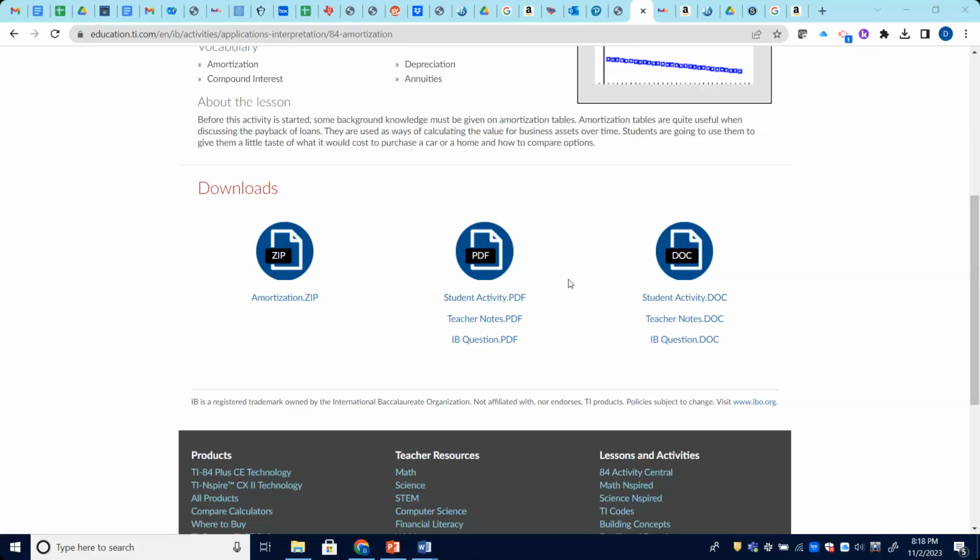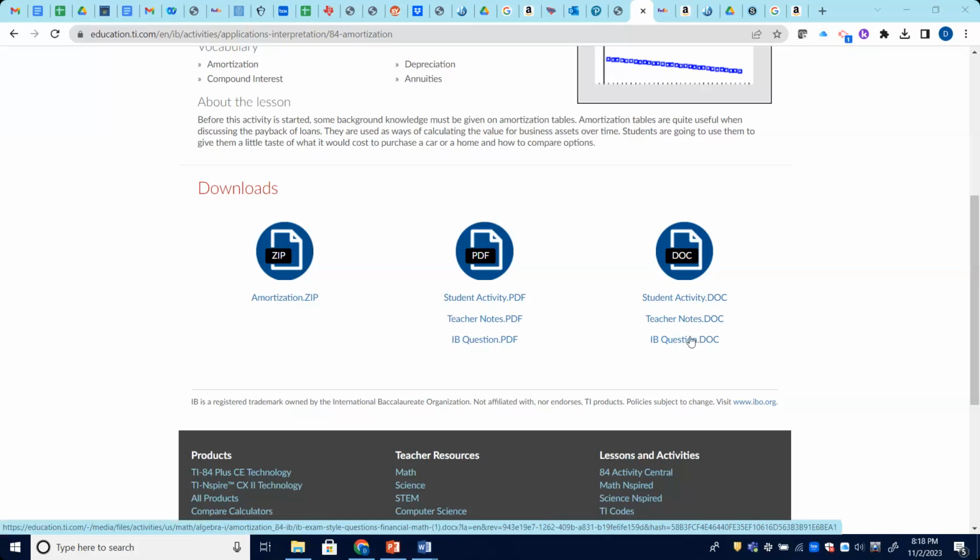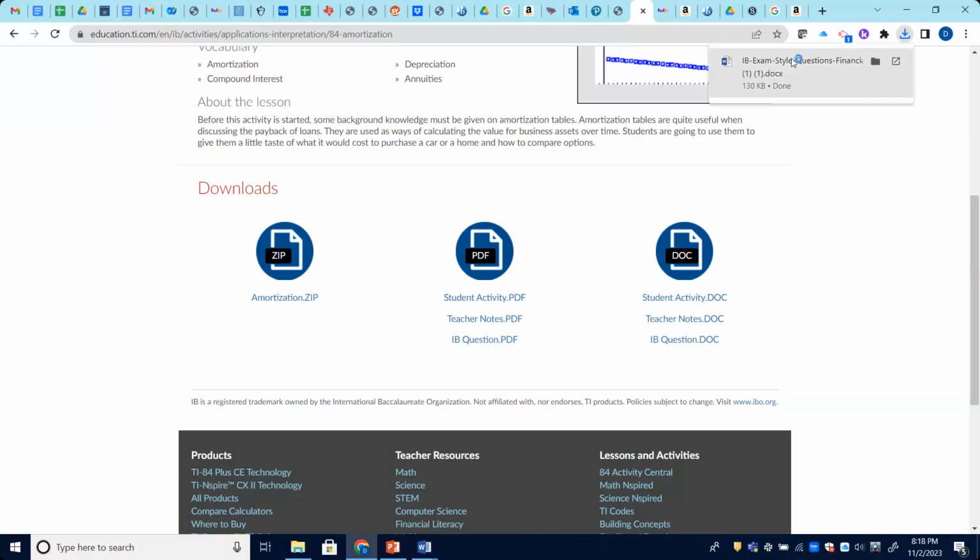One thing I love about each of these activities is they come with an IB question. We have between 50 and 70 activities available to you, and they all come with their own IB question as a separate document. I'll click on this IB question really quick before we get to the activity.